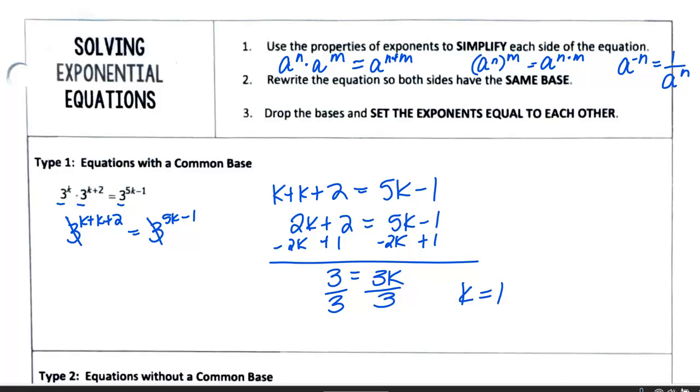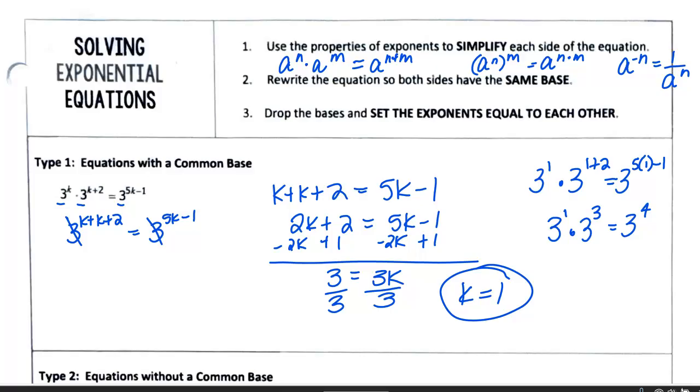If we wanted to check this, 3 to the power of 1 times 3 to the 1 plus 2 equals 3 to the 5 times 1 minus 1. So this would be 3 to the first power times 3 cubed equals 3 to the fourth power, and you'll see that 3 to the fourth power equals 3 to the fourth power. So it does work.